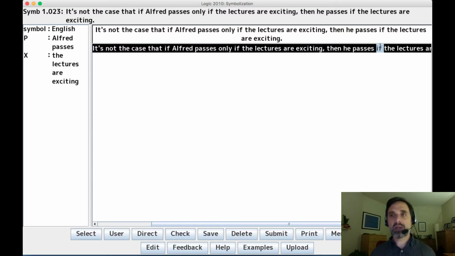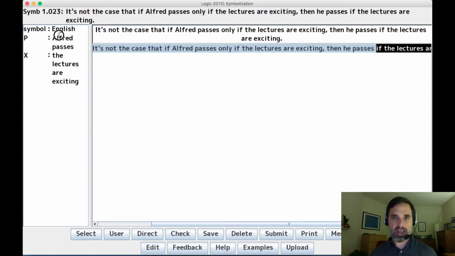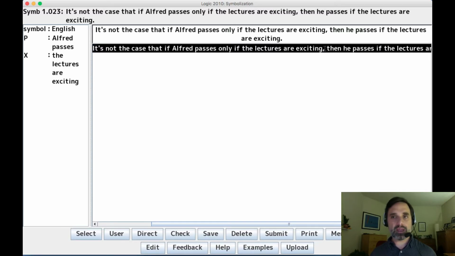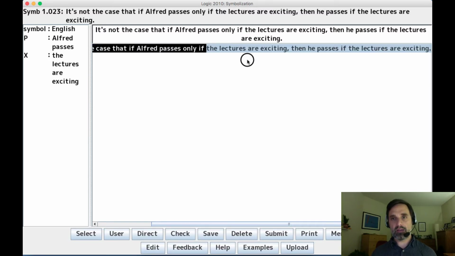Okay, so the if is not going to be the main connective because while the lectures are exciting is a sentence, and this whole thing looks like a sentence, it's not making the break at the comma. And we're going to see there are better choices as well. The only if is definitely not the main connective because we would have, it's not the case that if Alfred passes and the lectures are exciting, then he passes if the lectures are exciting.